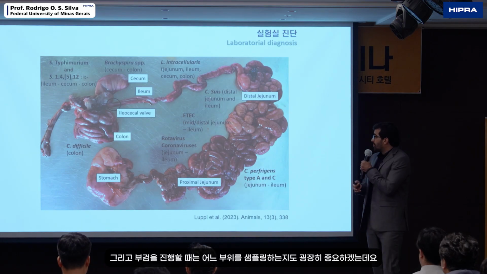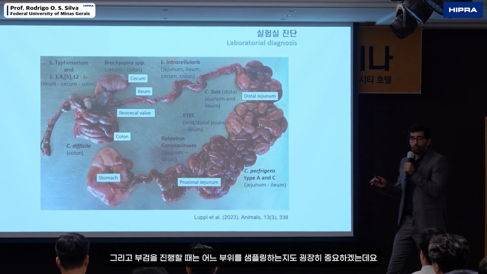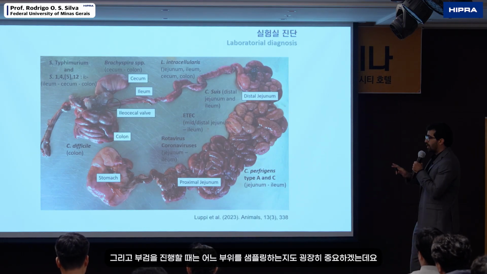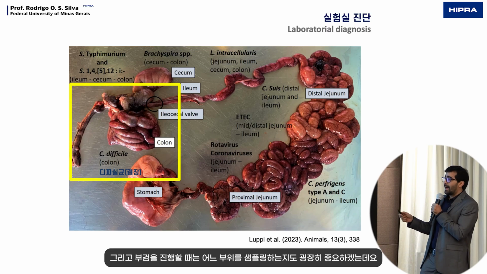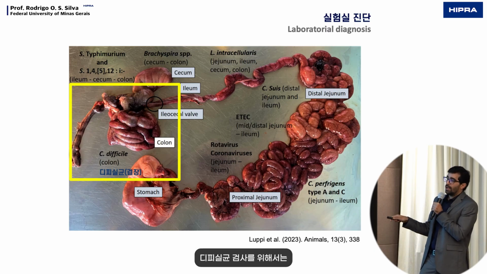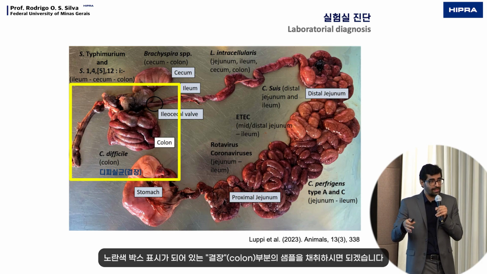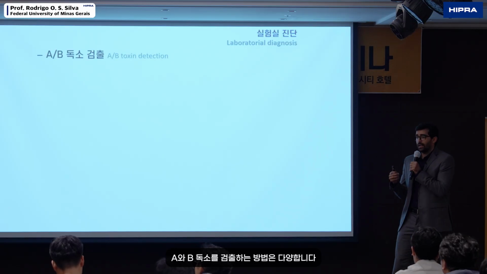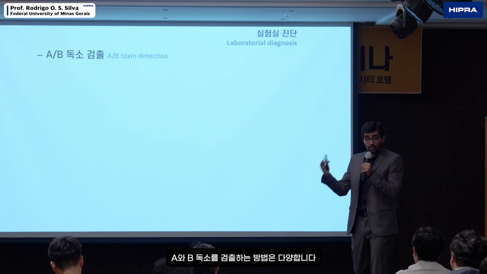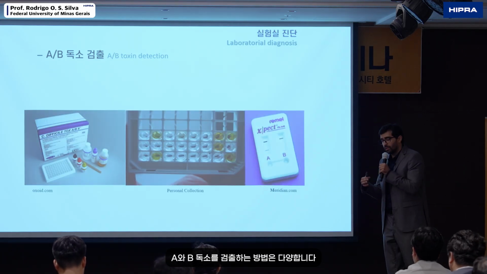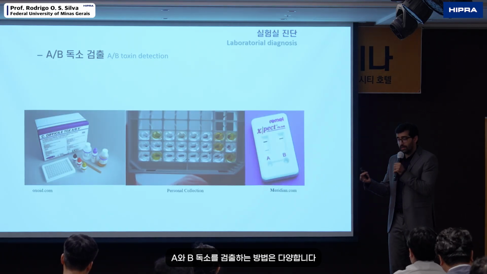And of course, if you are performing a necropsy, you have to know where to collect, which part of the intestine you should collect. For Clostridium difficile infection, you have to collect samples from the colon, from the large intestine. So you can target the toxins, and we have several different methods to detect A and B toxins.